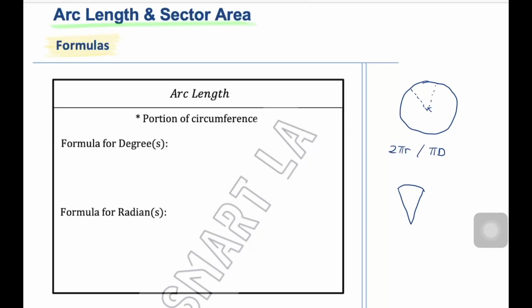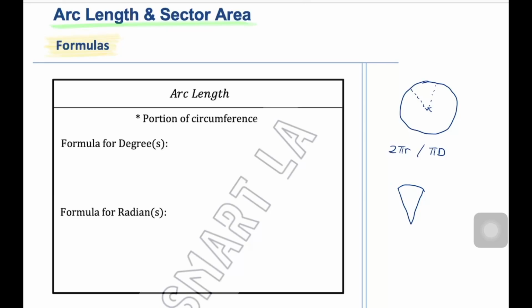Arc length here is representing this exterior bit of the pizza slice, which in more layman terms could be the crust of your pizza. You can imagine that's the crust of your pizza. So how do we find this? How do we find the arc length?